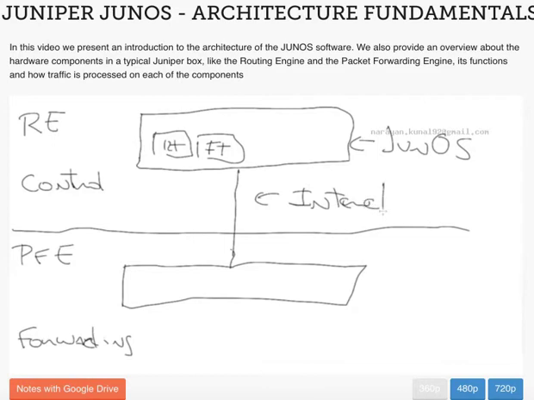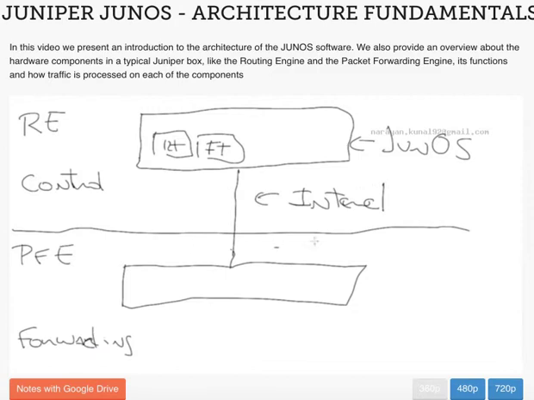If it was a chassis, it would be like the backplane or the shared bus or the fabric or whatever it's called in that particular device. So it would have to go through this. So all of that traffic would have to go to the main CPU or the main CPUs in the RE and be processed. So that wouldn't be very efficient, and it would probably diminish the amount of throughput you can move, the amount of traffic you can move through that device.